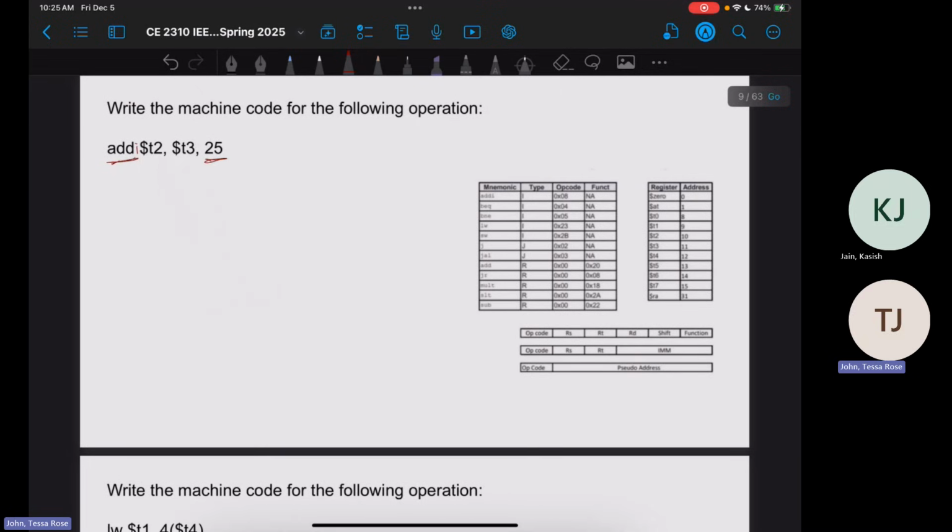So add immediate is where we... So if you have a number in there, that's an addi. Yes. Yep.